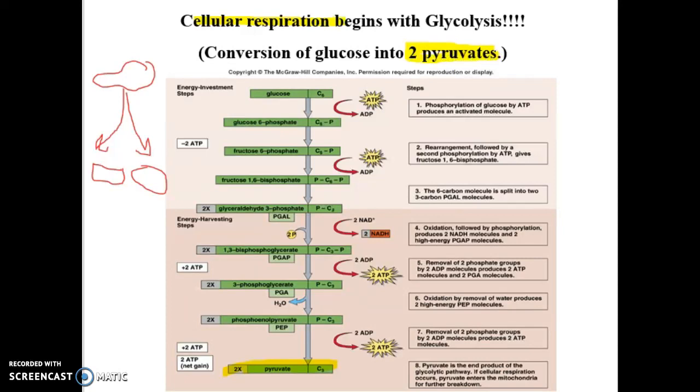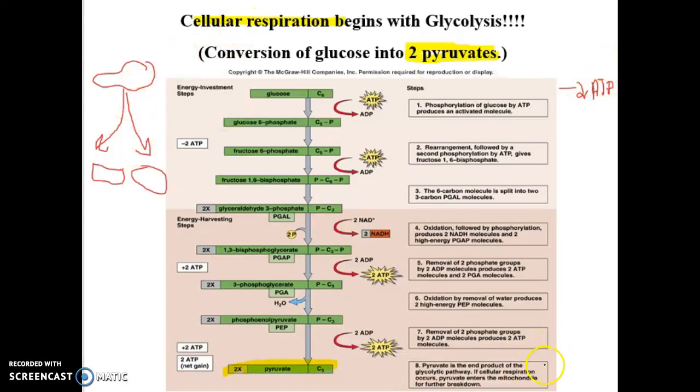But in order to do this, you have to invest into this pathway. It's going to cost you 2 ATP. So there's an investment cost of this pathway. There's 2 ATP going in. So you got to spend some energy to be able to start breaking glucose in half.